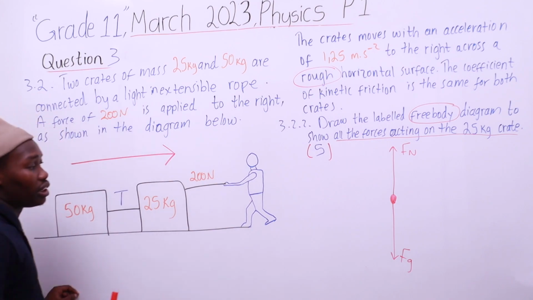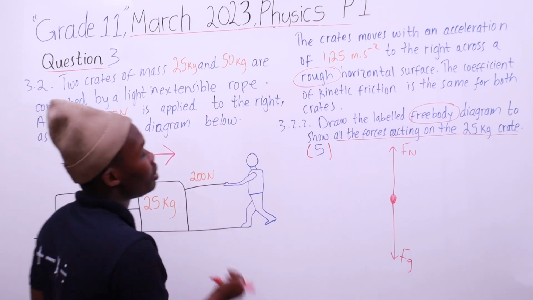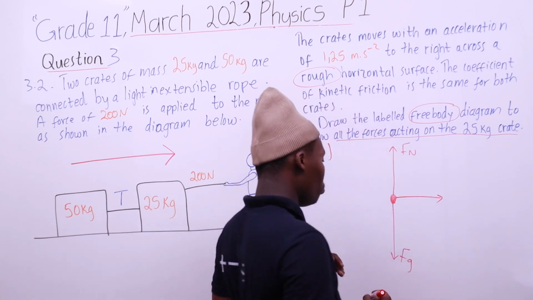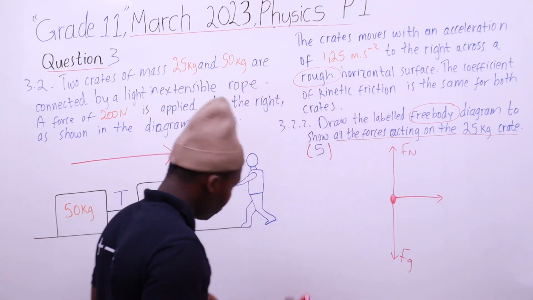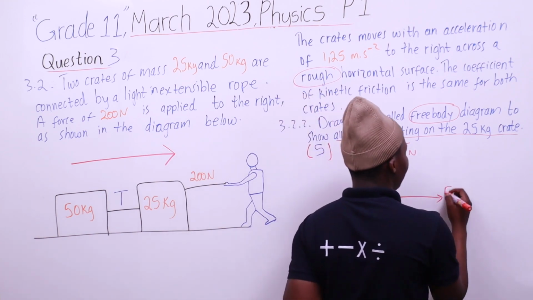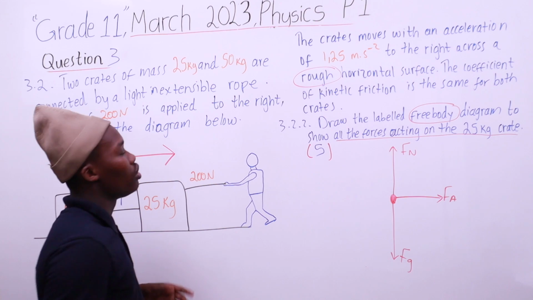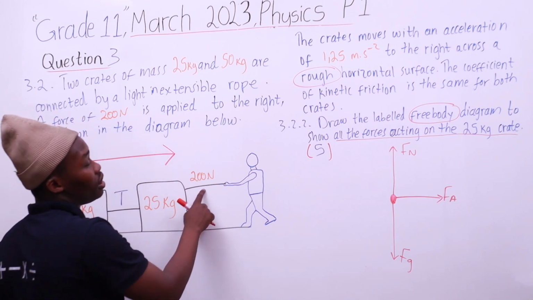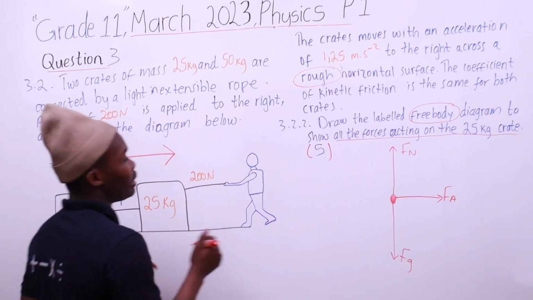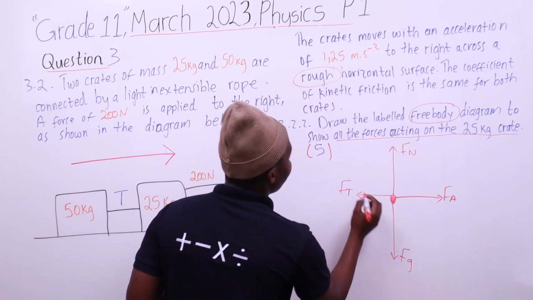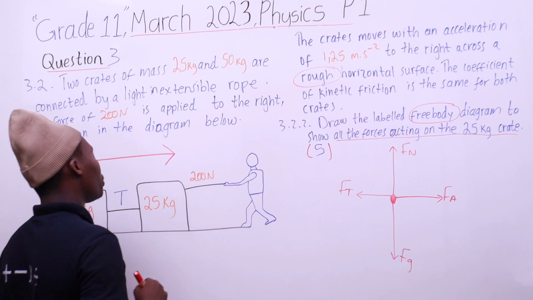Then our horizontal forces: we have the 200 newtons applied force, Fa. We also have tension since there is a rope, Ft.